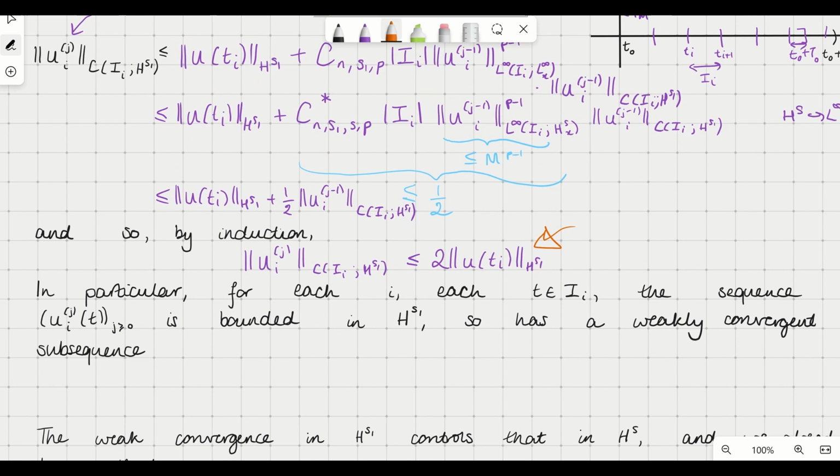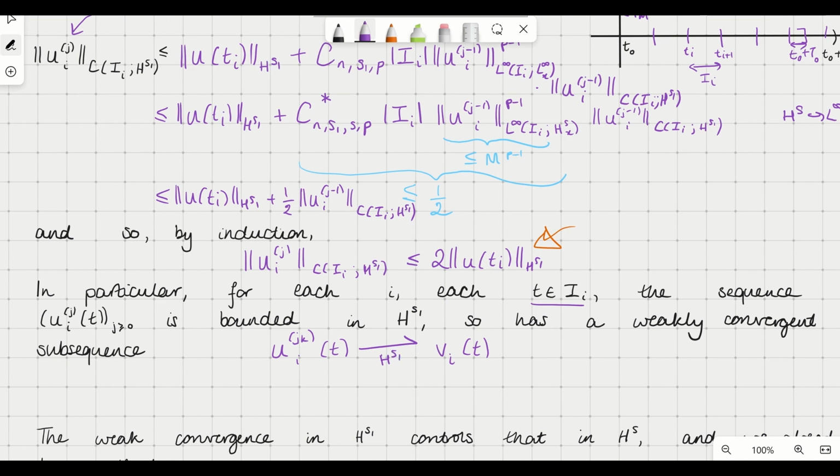So we can find a subsequence j_k, say, so that u_{j_k} at time t, for any t in I_i, converges weakly to some function v_i of t, say. And this is weak convergence in HS1.